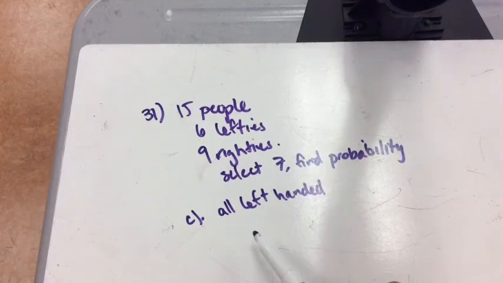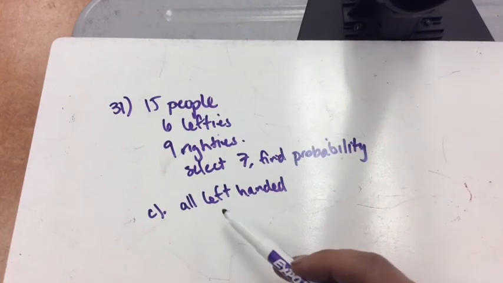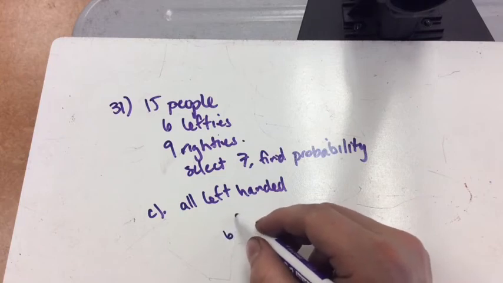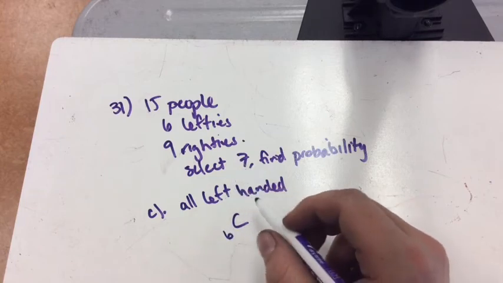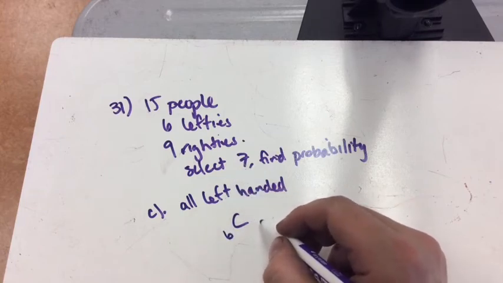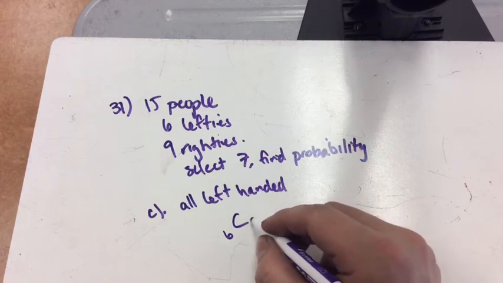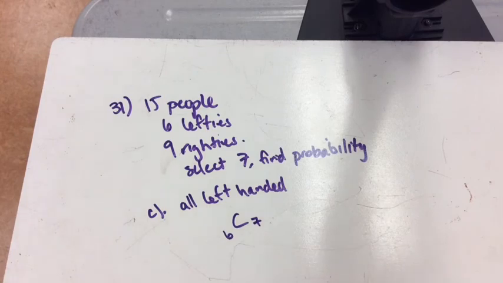Part C, we're doing the same idea, but we're doing all left-handed people. I'm just going to go real quick on this. How many lefties do we have to choose from? There are 6. How many do we have to choose? We want to choose 7 of them. Can we choose 7 lefties? Oh, this problem just got more interesting than I thought.